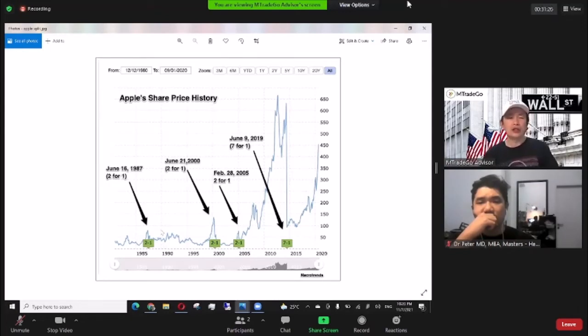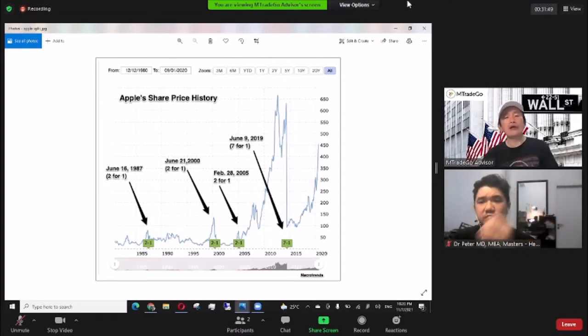On June 16, 1987, there's a 2-for-1 split coming. Congratulations. The share price then was, let's say, about $60. Basically your $60 share becomes 2 shares.